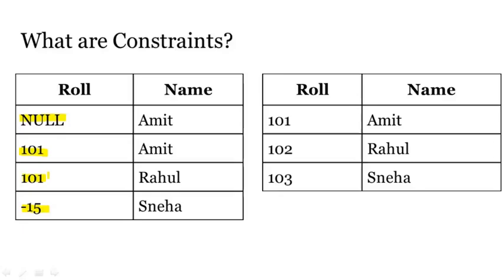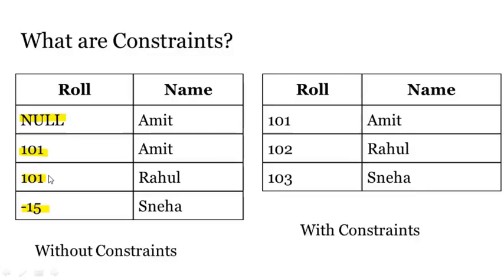This makes our database inconsistent. That's where constraints help. Constraints are rules enforced on database columns to maintain data accuracy, data consistency, data integrity. So think of constraints as security guards for your database.